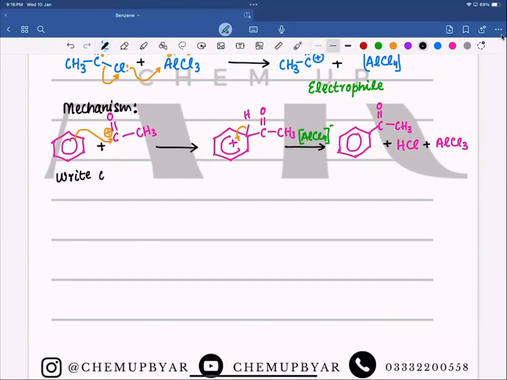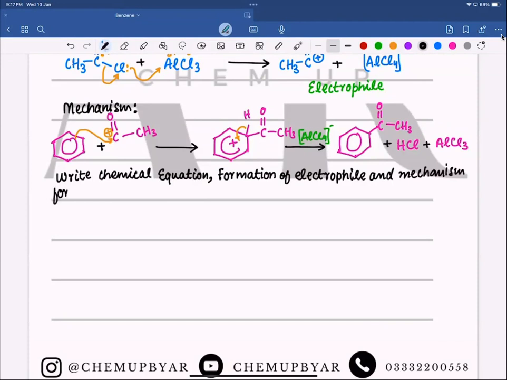Write the chemical equation, then the equation for the formation of the electrophile, and the mechanism for the formation of the product.